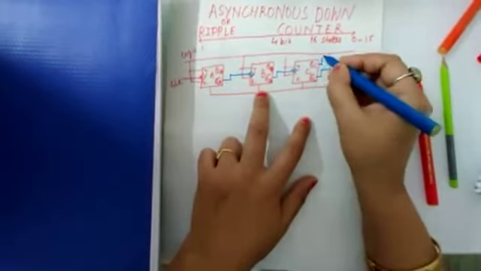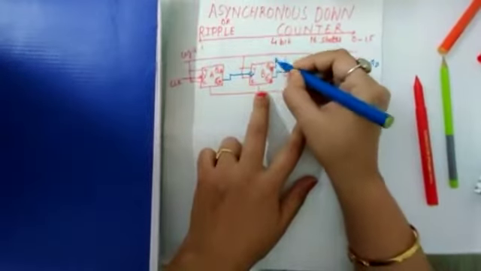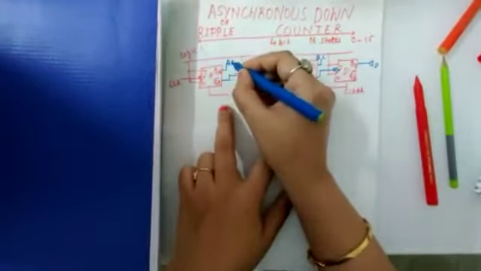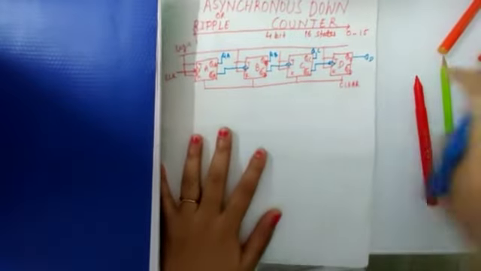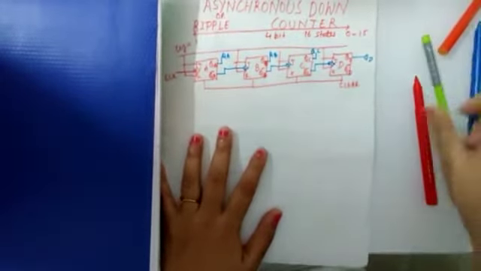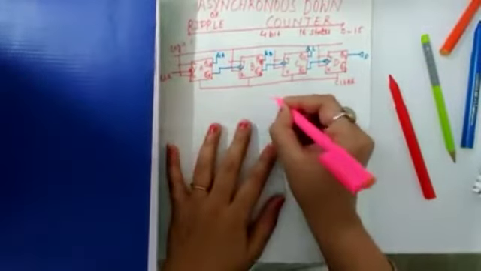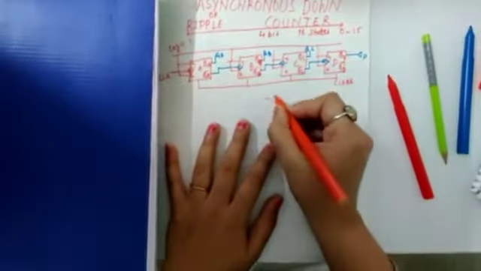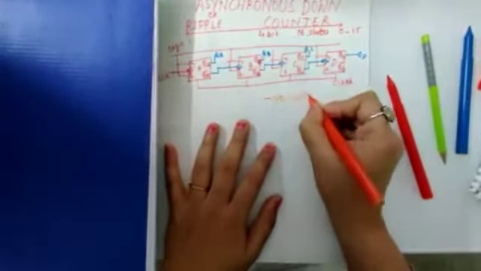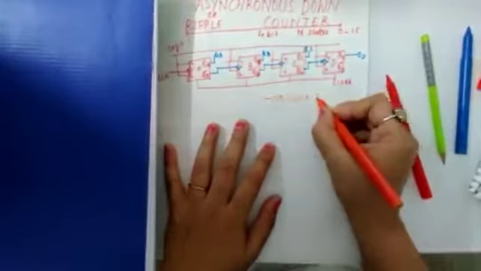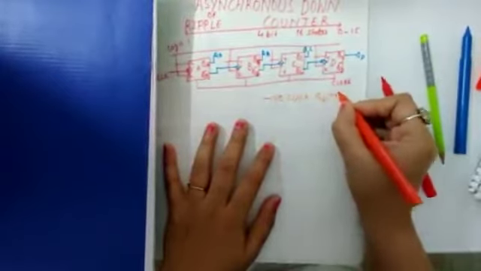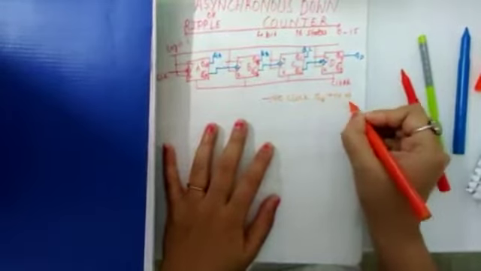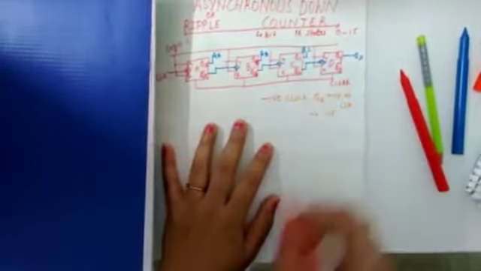This is QD, QC, QB, QA. This is just a trick that you should keep in mind: if you are giving a negative clock and QA output as clock, it will do up counting.